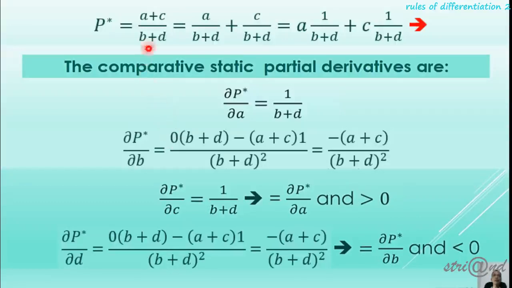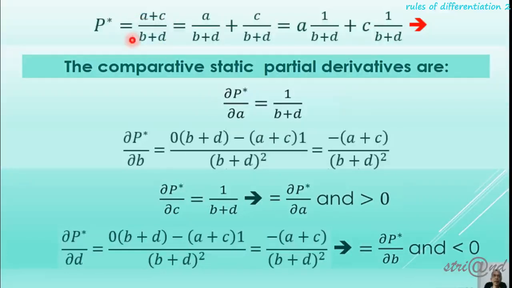The derivative of the numerator here with respect to B: there is no B here, so it is 0, times the denominator B plus D, minus the numerator A plus C multiplied by the derivative of the denominator.